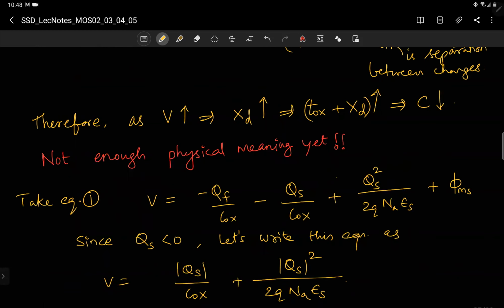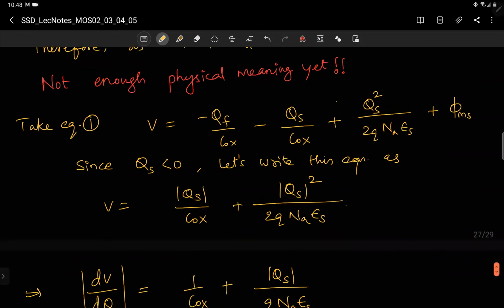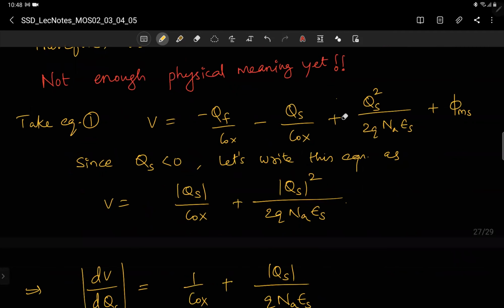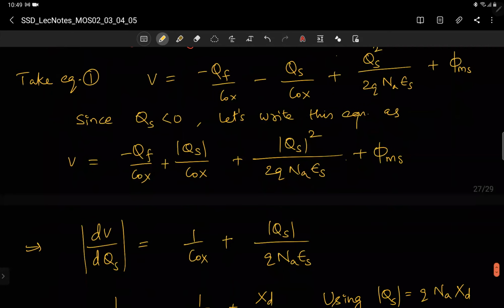Now if this is not enough physical meaning yet, take equation 1 for voltage, which is expressed in terms of Qs in the previous page. Since Qs is less than 0, let's write this equation with modulus Qs. So V is minus Qf by Cox, minus Qs will be plus mod Qs.